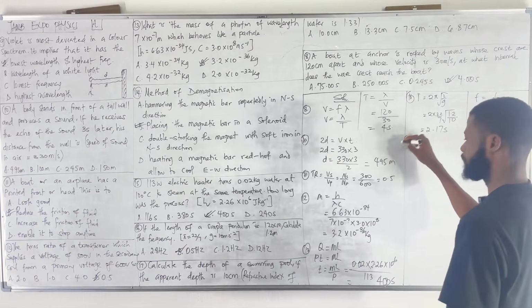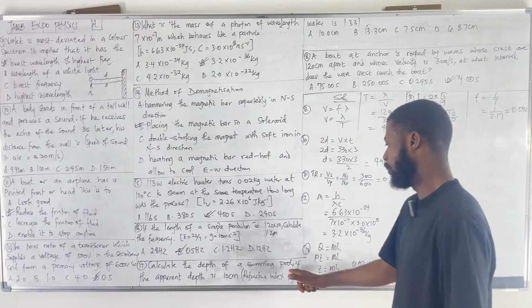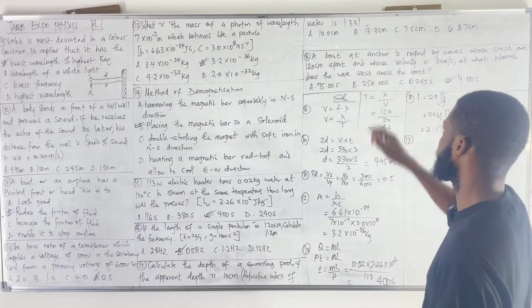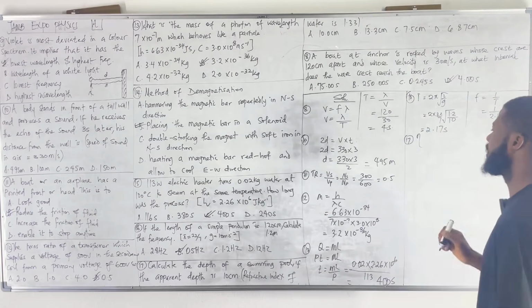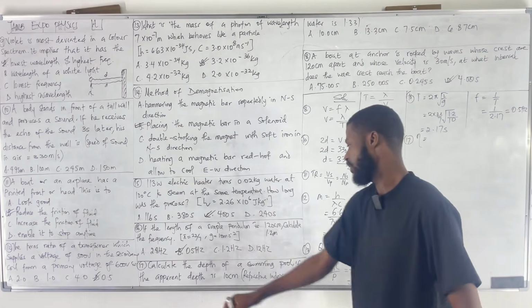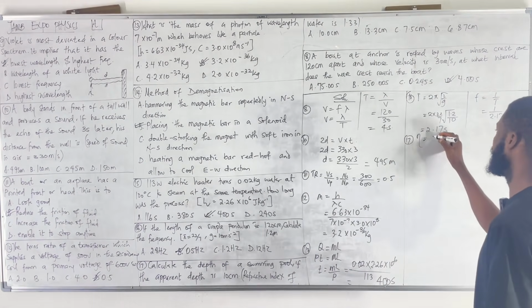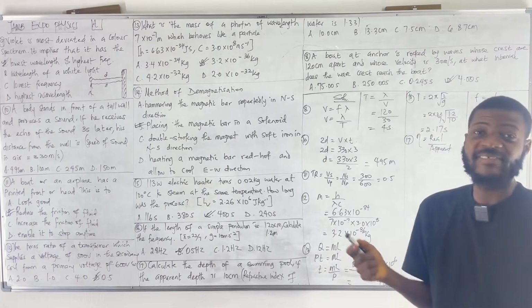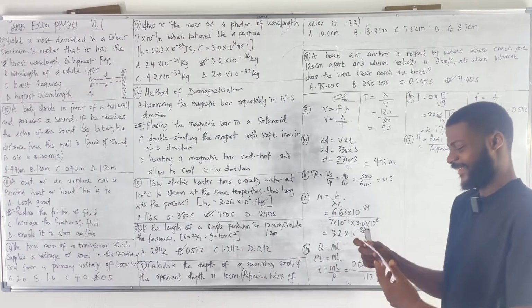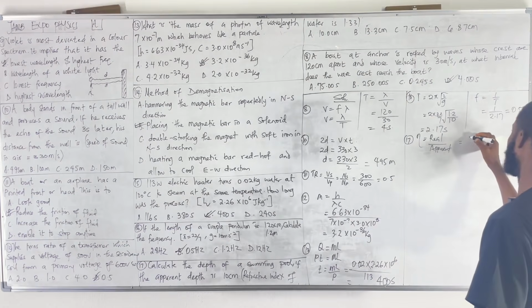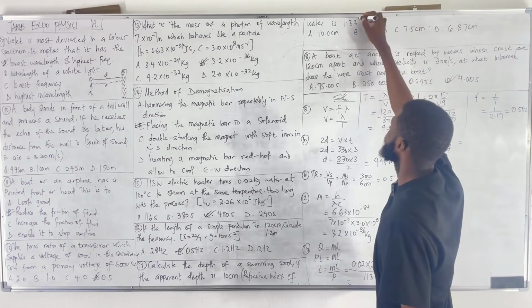Question 17. Calculate the depth of a swimming pool if the apparent depth is 10 centimeters. The refractive index of water is 1.33. We know that the apparent depth is this very value. Refractive index is always real over apparent. I would like to call apparent 'fake'.